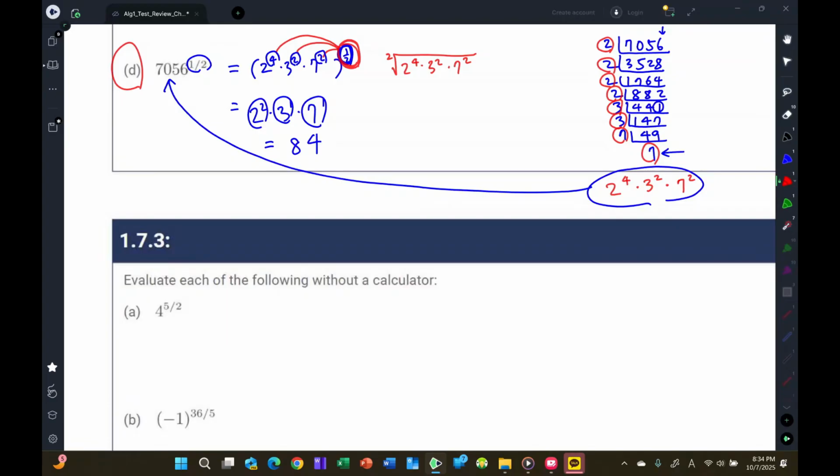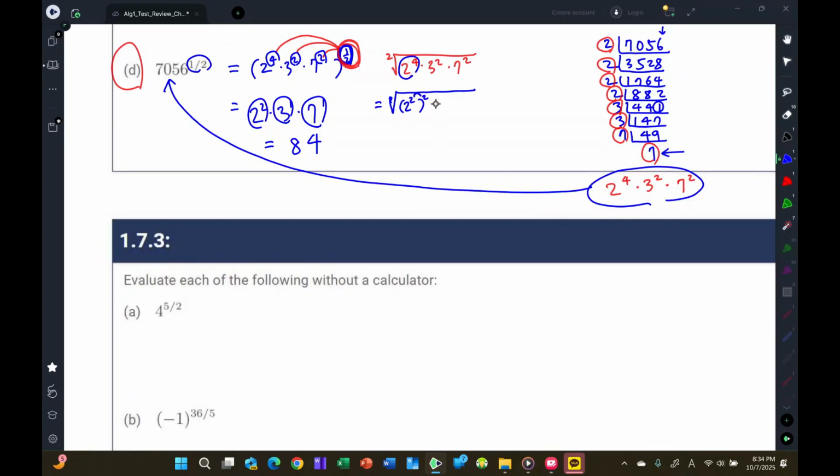Anything that is squared. The key for the square root prison is squared. And I think I can rewrite this as square root of something. It's automatically square root, right? I can rewrite 2 to the 4th power as square root of 2 squared, isn't it? Because 2 times 2 is 4, right?